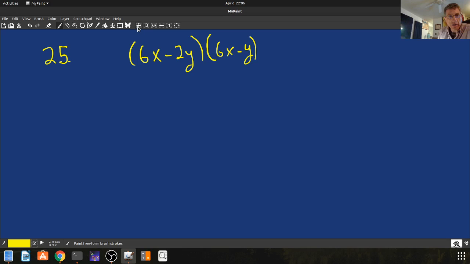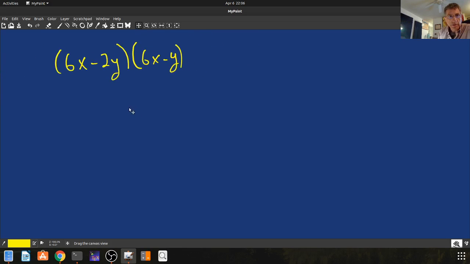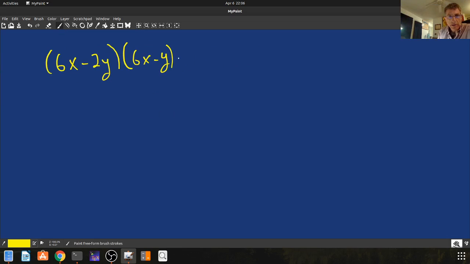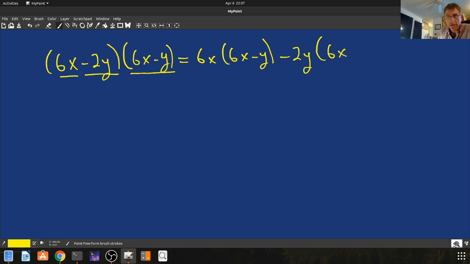So the way I taught you how to do this is to take the first term, 6x, and multiply it by the entire second factor. Then take the second term in the first factor and multiply it again by the second factor.